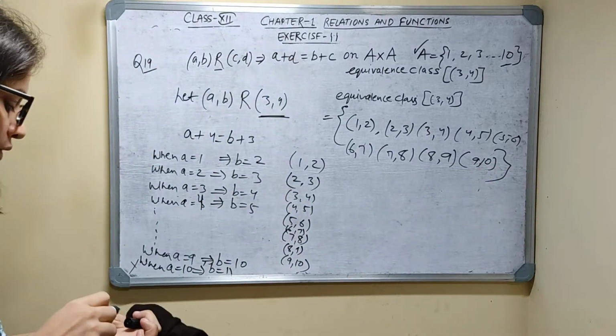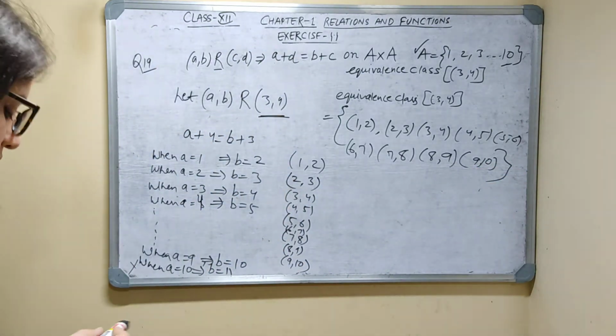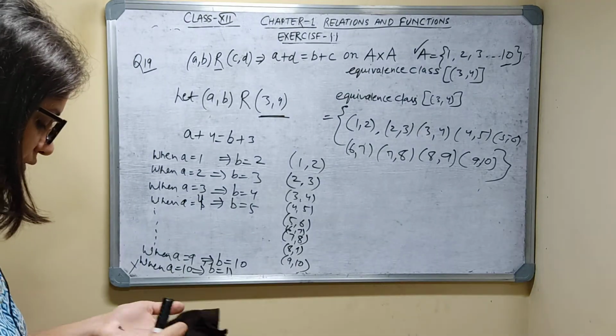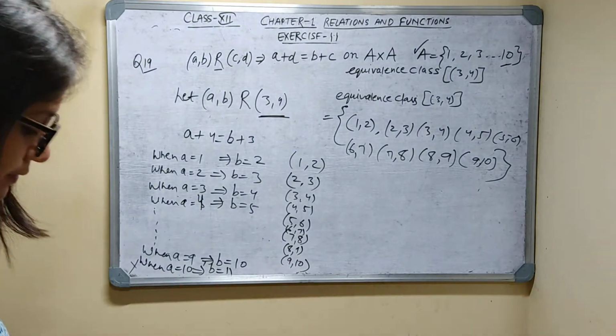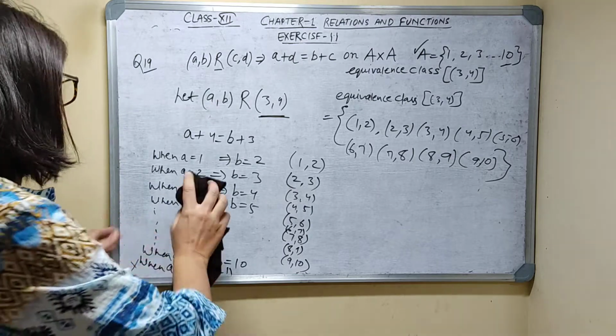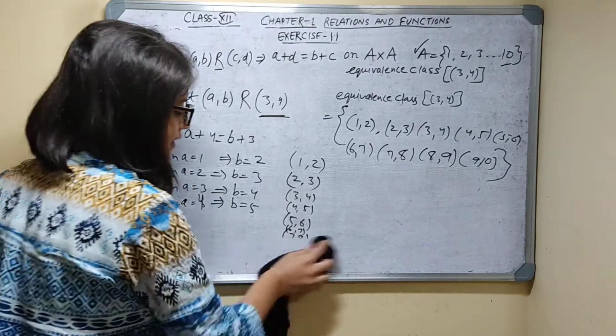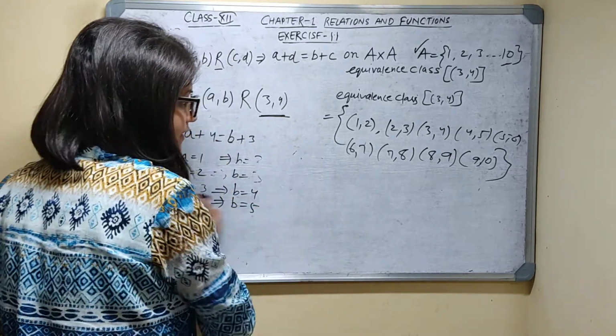Is it clear? So this is the equivalence class of the ordered pair (3, 4). Now, is it clear what is an equivalence class?